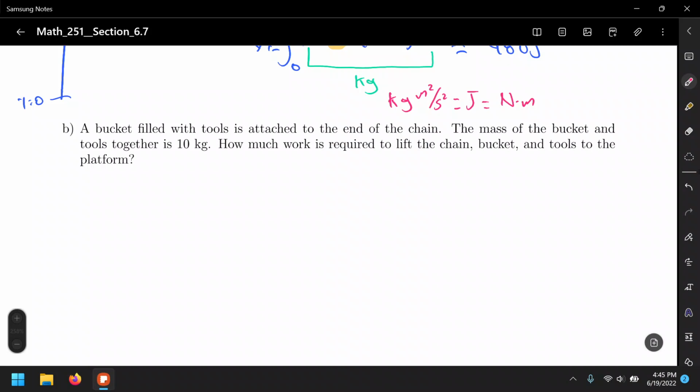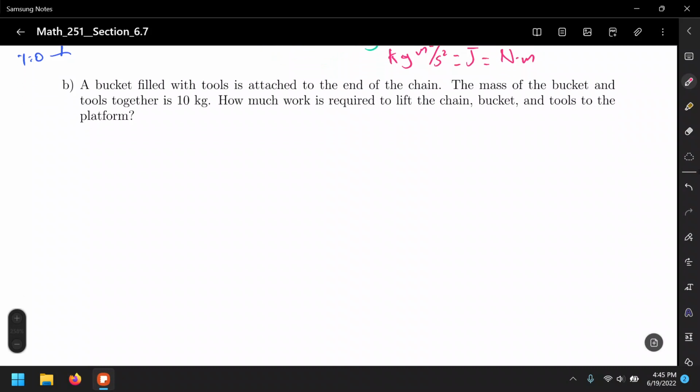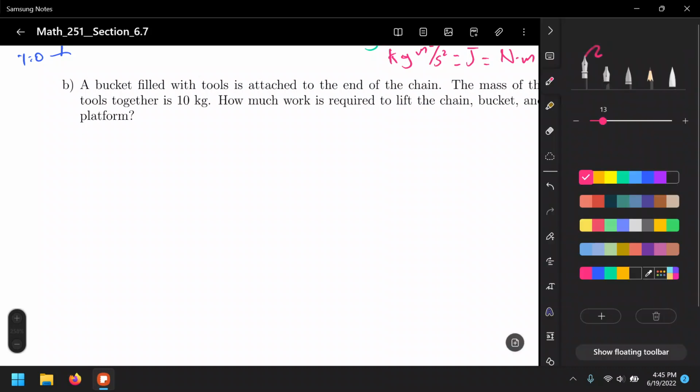Keep in mind that the bucket with the tools does not become smaller as it goes up, as the chain does, since part of the chain remains hanging. So the weight of the bucket and the tools remains constant, and for this reason there's no calculus involved.